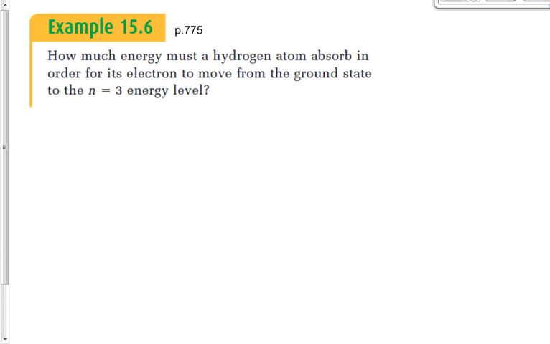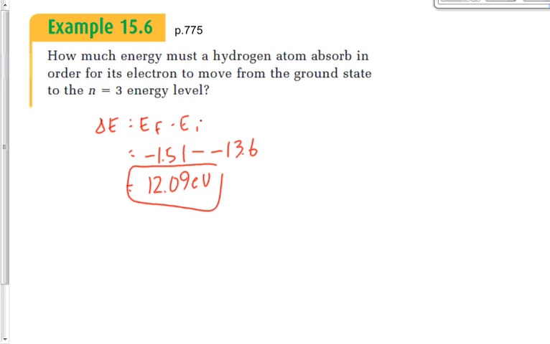We're going to say delta E is equal to EF minus EI. The final energy was negative 1.51, and the initial energy was negative 13.6. And we do the math there, I think it works out to be positive 12.09 electron volts. Again, positive value, we absorbed. Make sense?